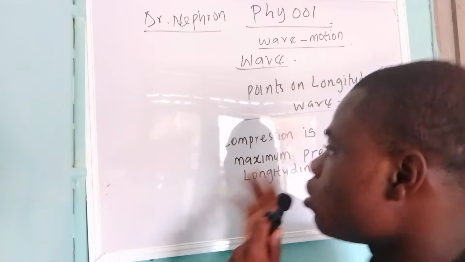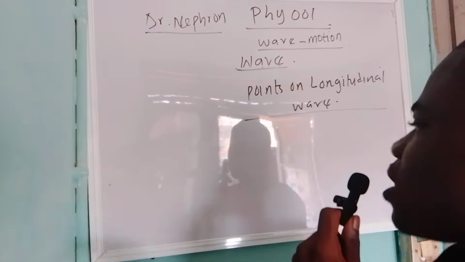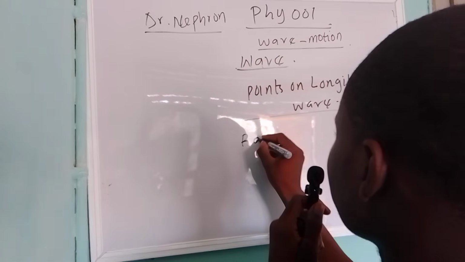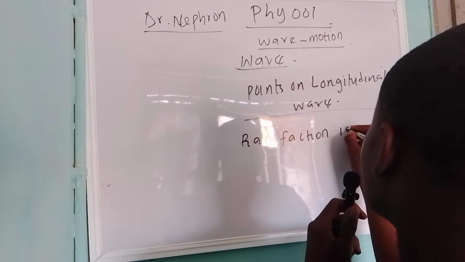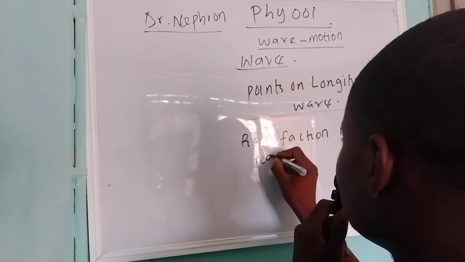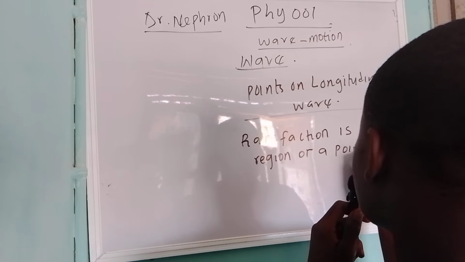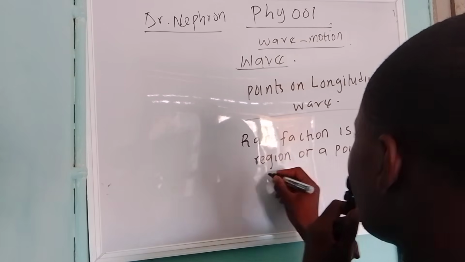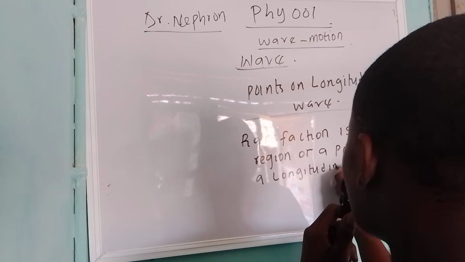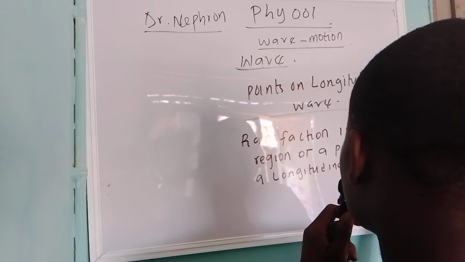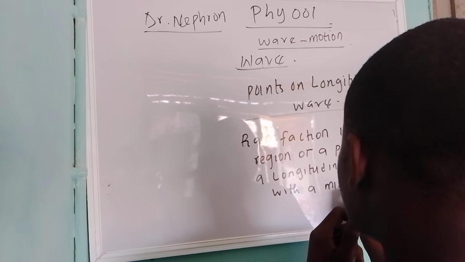So that's called compression. Now, what do we call rarefaction? Rarefaction is a region or a point on a longitudinal wave with a minimum pressure.